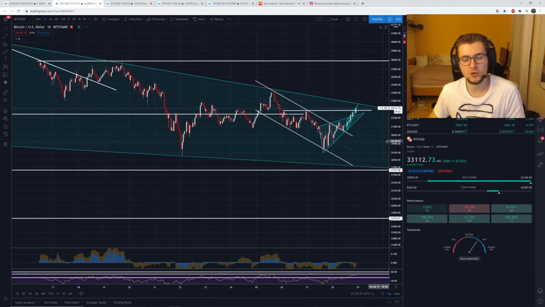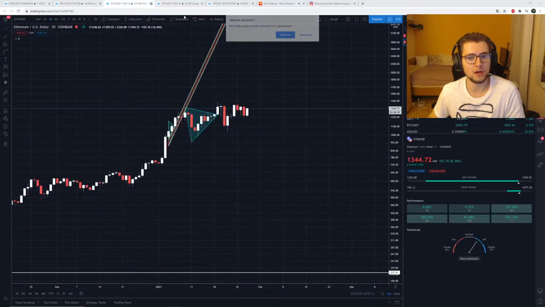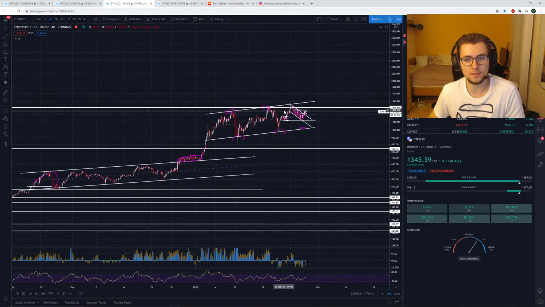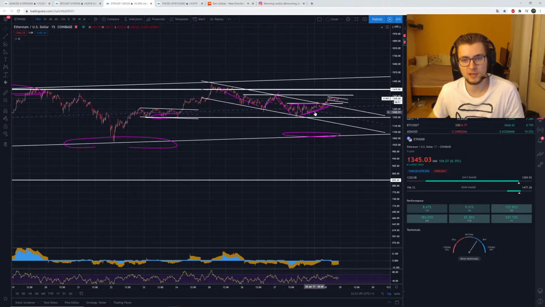Also, Bitcoin was in this descending channel, of course, very similar to what happened on Ethereum. Let me just delete these lines.